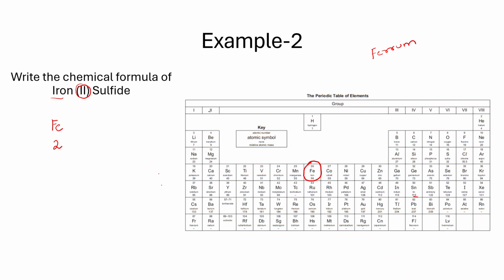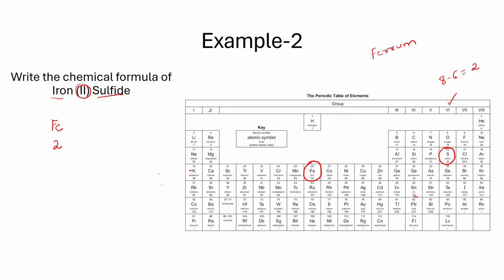The other element which is present is sulfur, which is present in the form of sulfide. So sulfur is again present in group 6 of the periodic table, and we know from our prior knowledge that for an element that is present in group 6 of the periodic table, the valency is going to be 2.